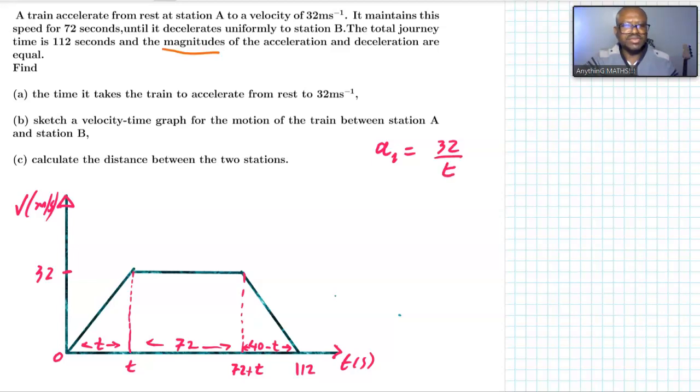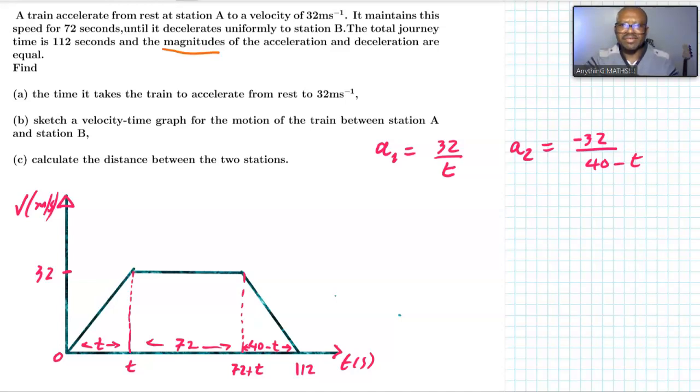So that's what we're going to get for the acceleration. Let's also represent the deceleration by a2. And that will be the change in velocity, so it's going to be negative 32 all over 40 minus t.